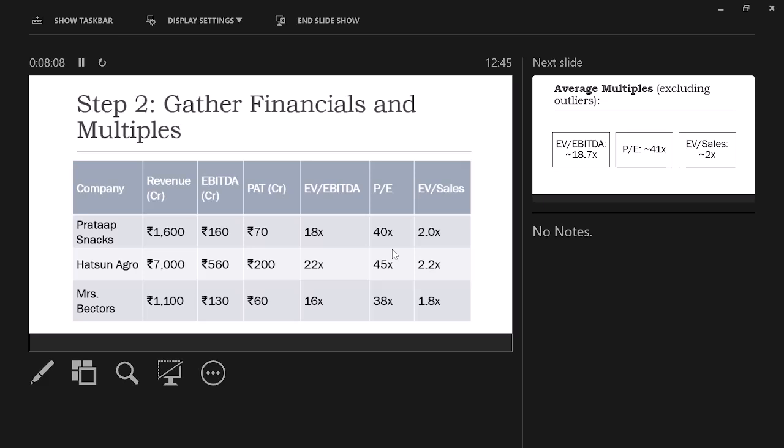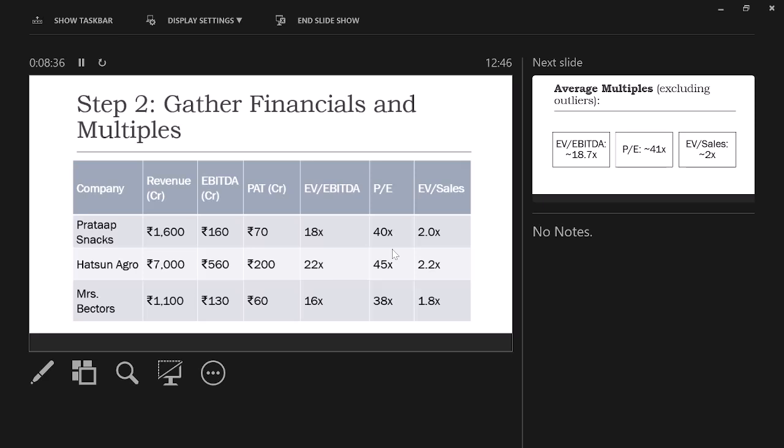If you look now, it is around 8000 crores. Mrs. Bector 1100 crores of revenue at the time when this was done, and they were making some profits. EBITDA of 160 crores, 560 crores, and 130 crores respectively. Then they were PAT positive, 70 crores profit for Pratap Snacks, 200 crores for Hatsun Agro, Mrs. Bector 60 crores. So they're all profitable companies.